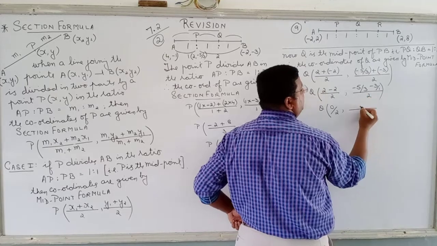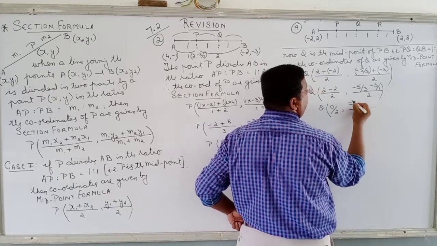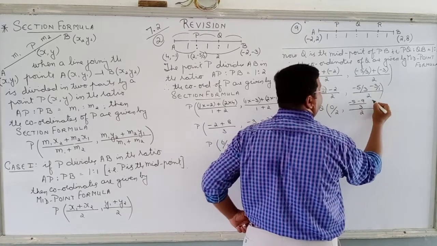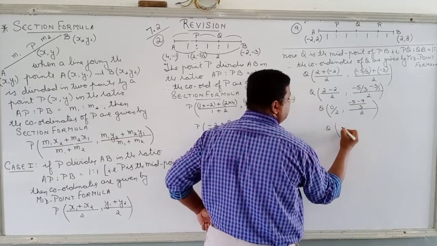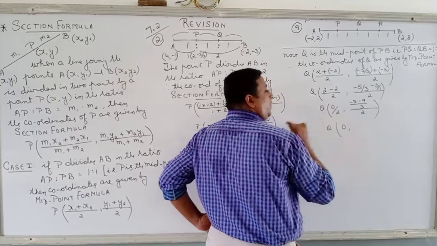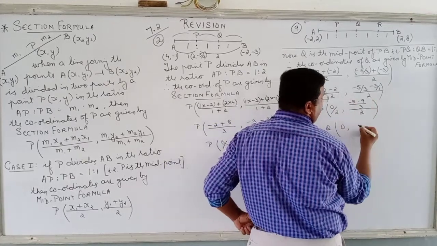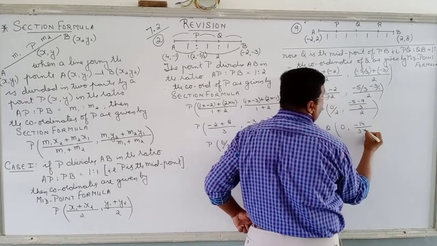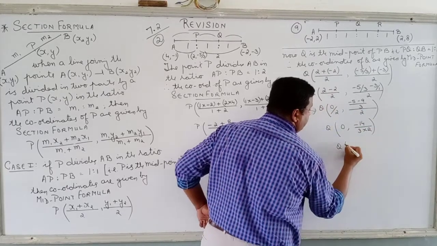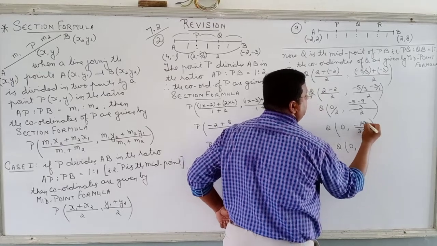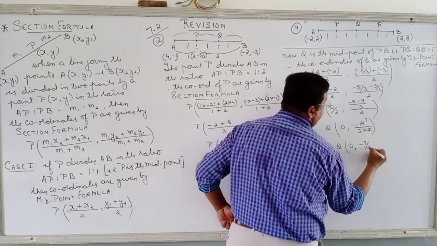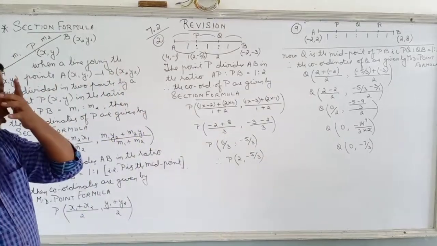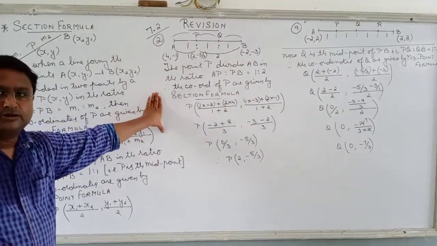Minus 5 minus 9 gives minus 14 upon 3. So Q is equal to (1, minus 14/3)... So that is the coordinates of P, and I hope it is clear, students.